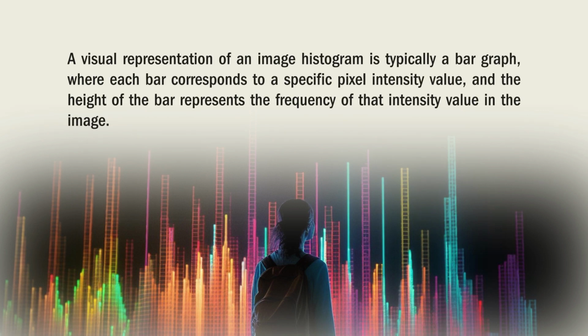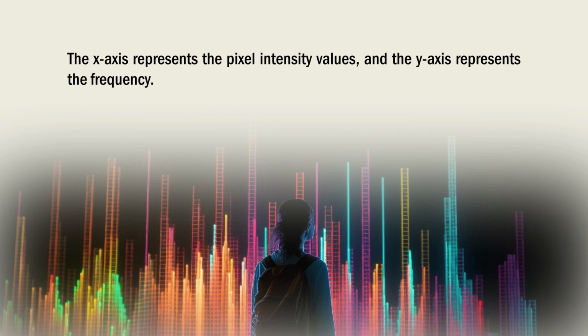A visual representation of an image histogram is typically a bar graph where each bar corresponds to a specific pixel intensity value and the height of that bar represents the frequency of that intensity value in the image. So, the x-axis represents the pixel intensity values and the y-axis represents the frequency.